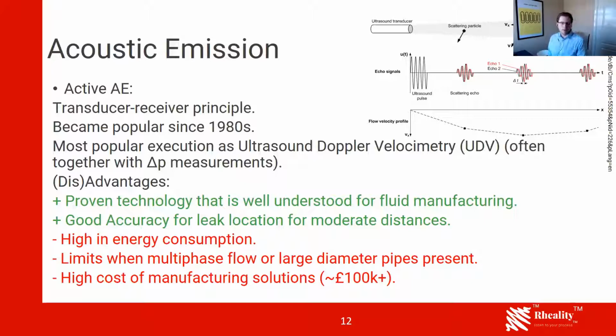The advantage of using such an active system is that it's a proven technology that is very well understood in fluid manufacturing. A lot of applications, and maybe many of you use it, are for leak detection over moderate distances. However, since we have the transducing system, we have a constant need for energy input. So it's high in energy consumption. It is very limited with multi-phase flow.